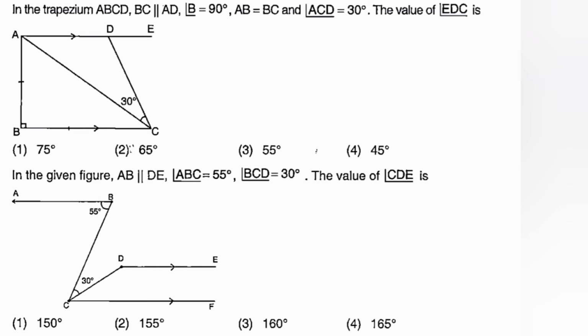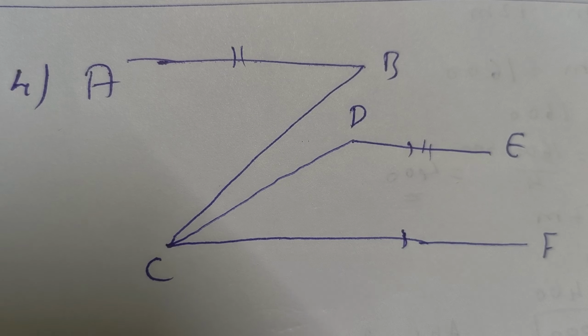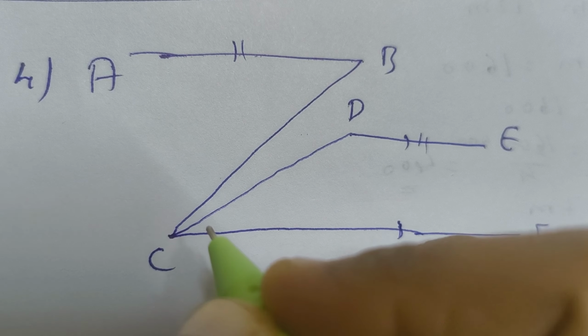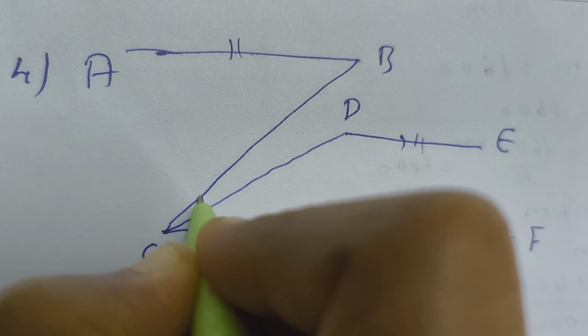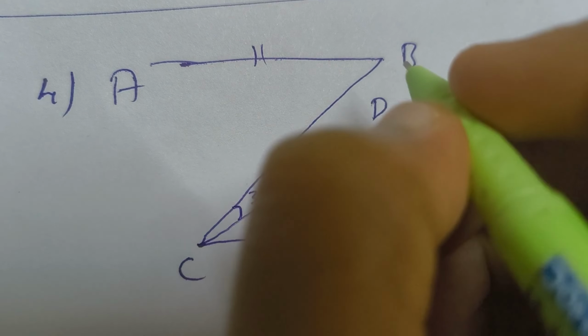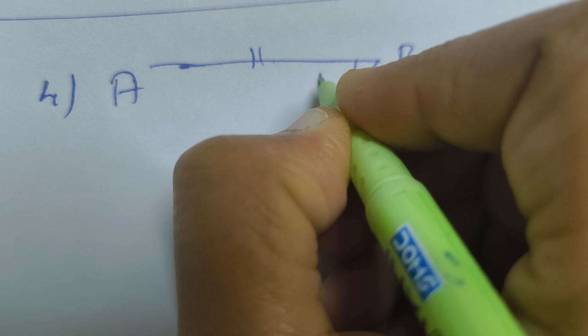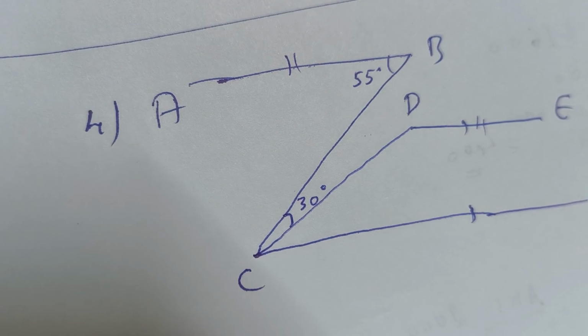So ABC, BCF are alternate angles. So they are same. We know that BCD is 30. So in order to get BCF as 55, we get DCF as 55 minus 30, that is 25.